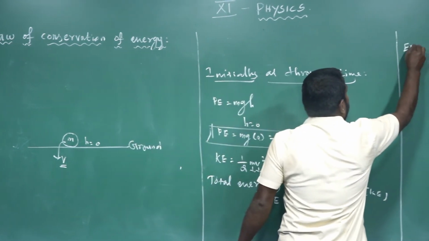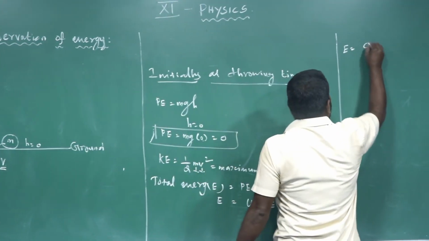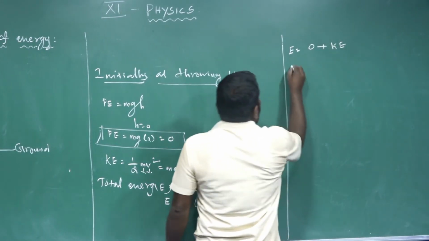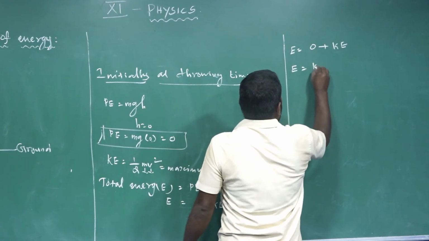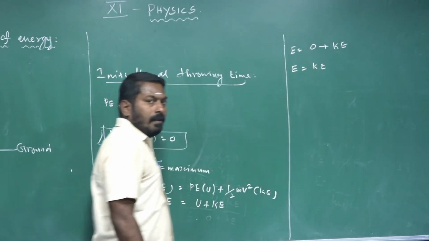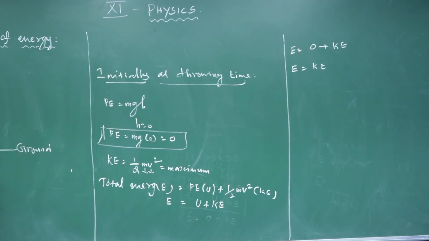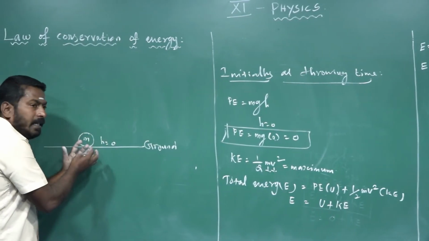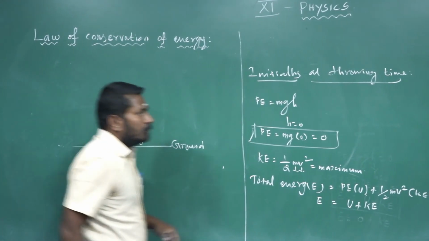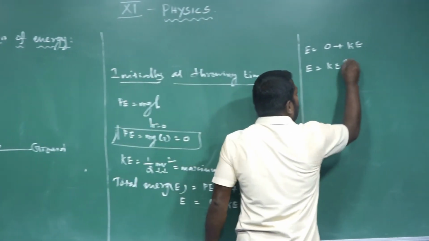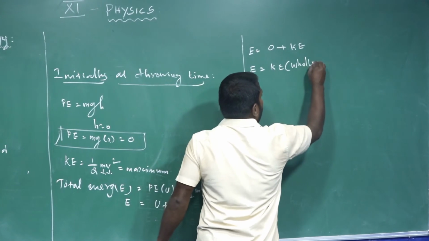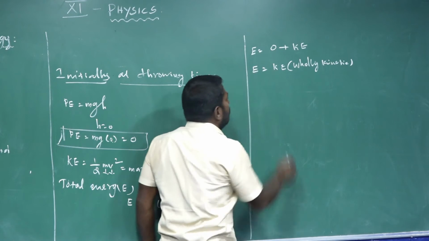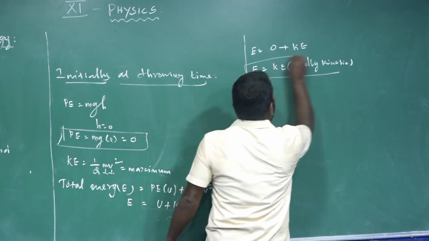Potential energy is 0 and kinetic energy is maximum. The total energy is equal to the kinetic energy. If a body is thrown vertically upward, at that instant the total energy of the body is wholly kinetic. This is the first case.